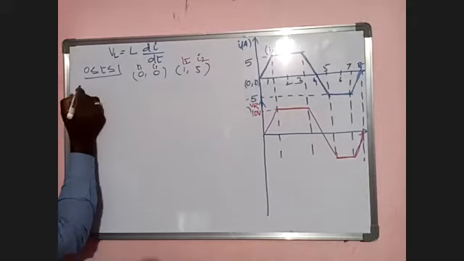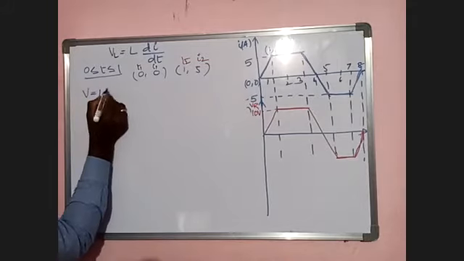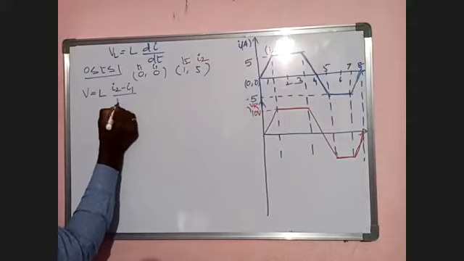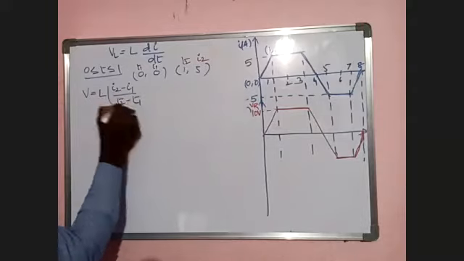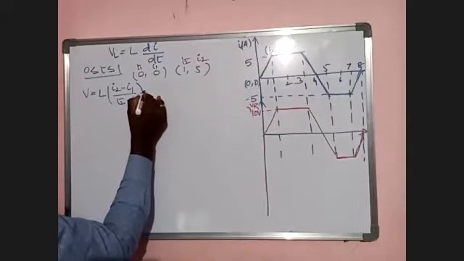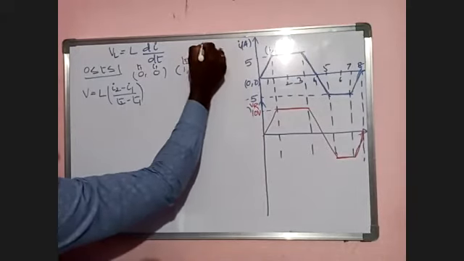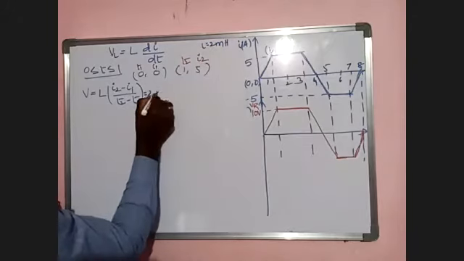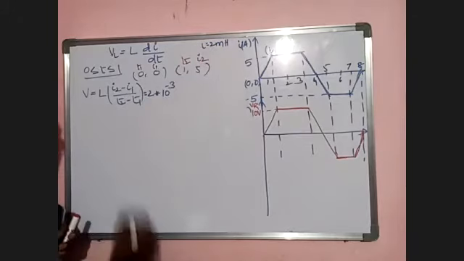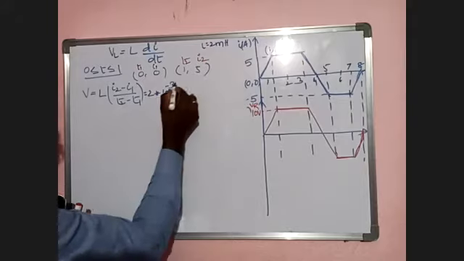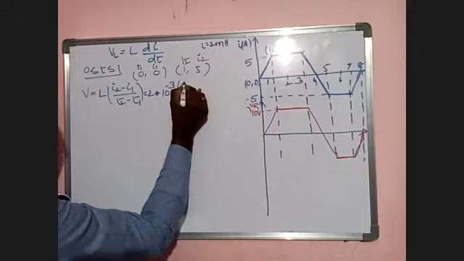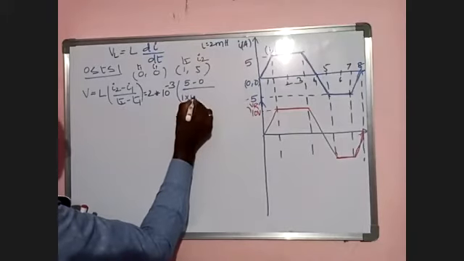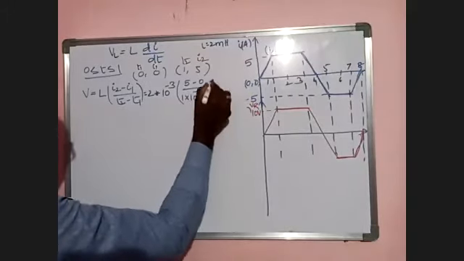So from this, V is equal to L into (I2 minus I1) by (T2 minus T1). What is L? L is equal to 2 millihenry. So 2 into 10 to the power of minus 3, into (5 minus 0) by (1 into 10 to the power of minus 3 minus 0).